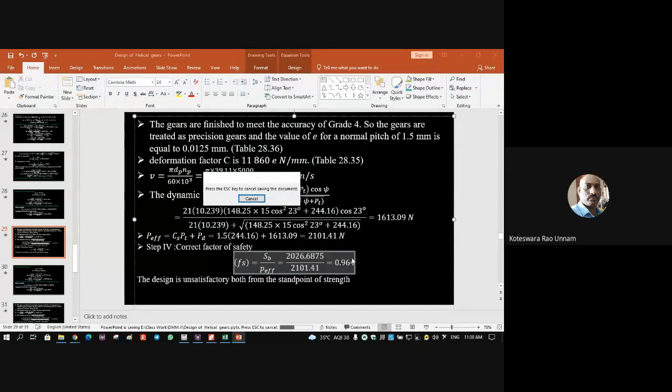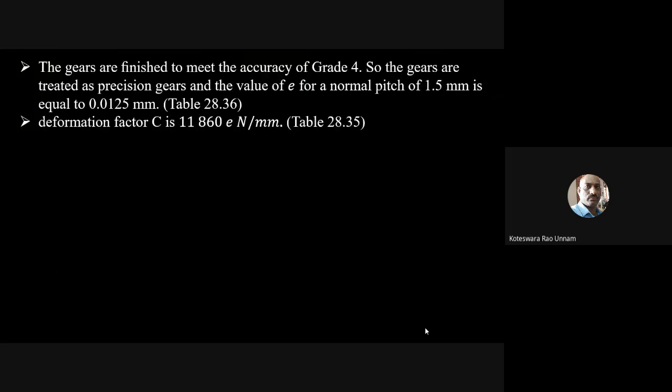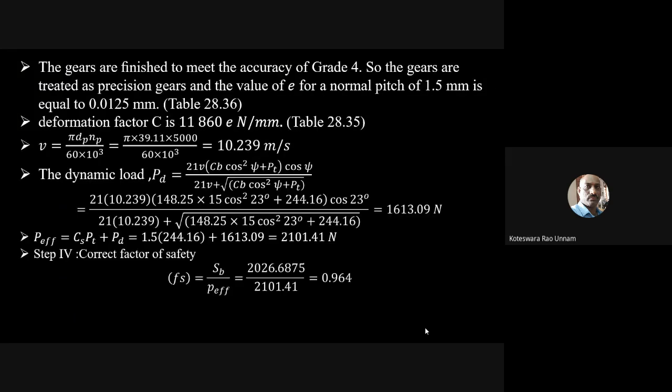But as per the problem, what he has asked is to calculate the correct factor of safety, that means the actual factor of safety for these dimensions. So you can end the solution at this point. Up to this part is enough. The actual factor of safety is 0.964.